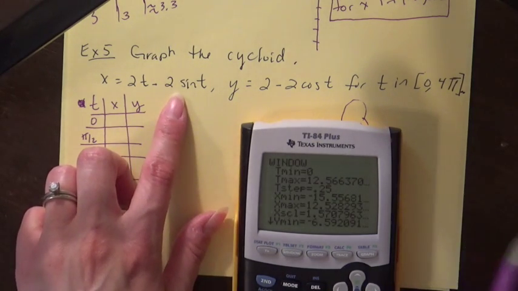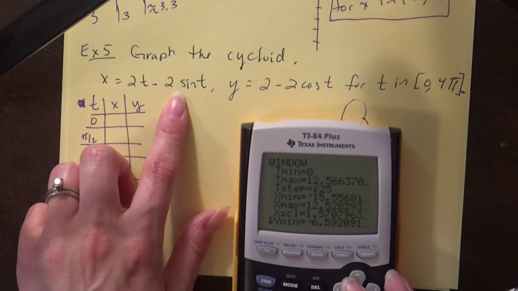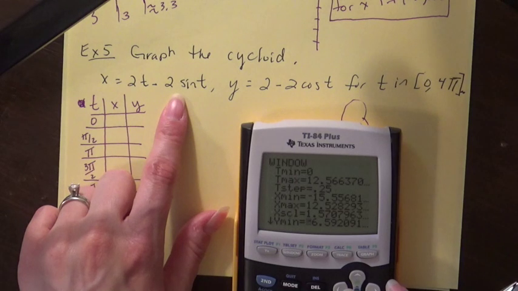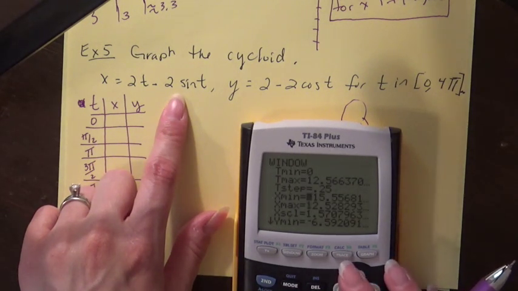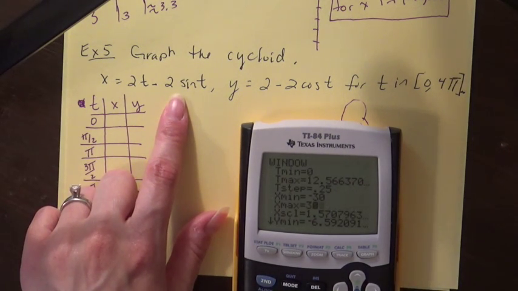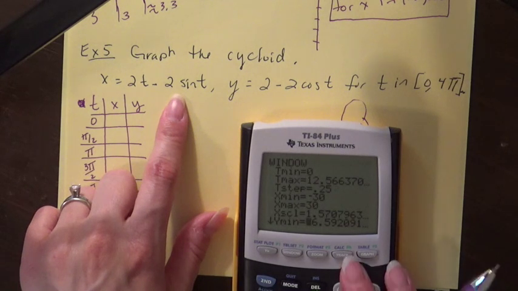You can see the amplitude is 2, so you might want to put in, let's try 5 and -5. So for the y's, for my y min, I don't know. Let's go to x min, do -30. X max +30. We'll see what happens from here.